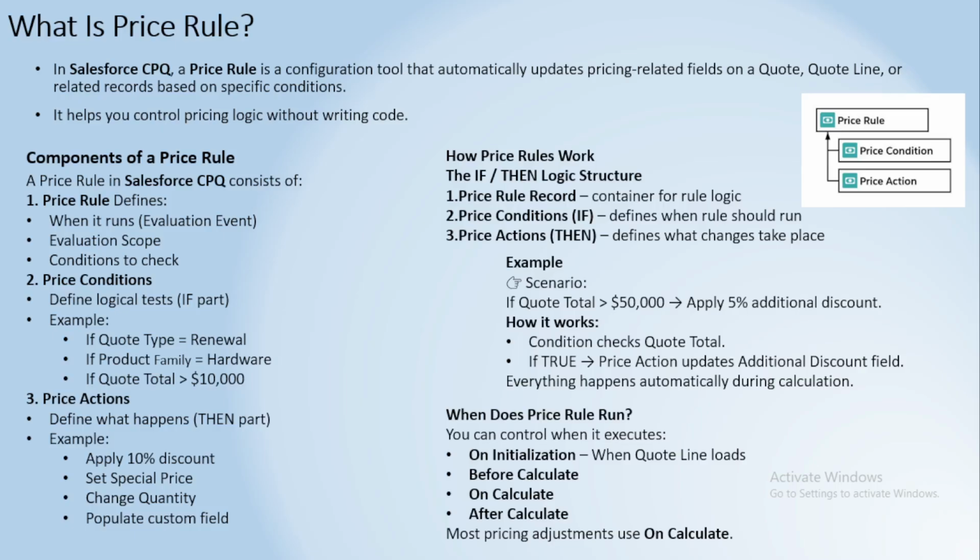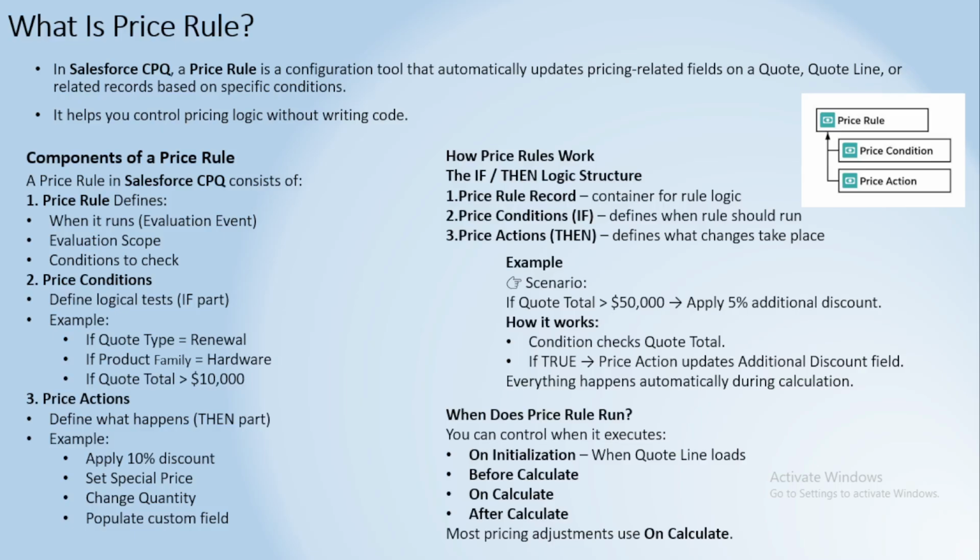If the conditions are fulfilled, then only the below actions will be executed. Kind of like if quote type is equal to renewal, then apply 10% discount. If product family is equal to hardware, then set a special price. If quote total is greater than $10,000, you can change quantity or apply the 10% discount.